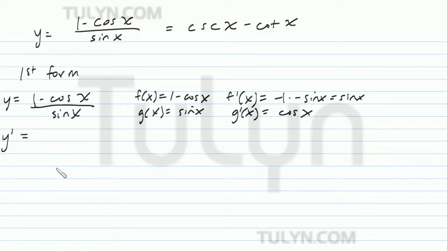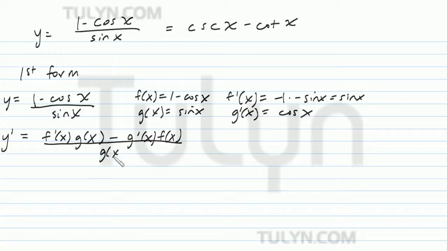Go ahead and plug it into the quotient rule, which is as follows: f prime of x times g of x minus g prime of x times f of x, divided by g of x squared. So go ahead and plug that in.